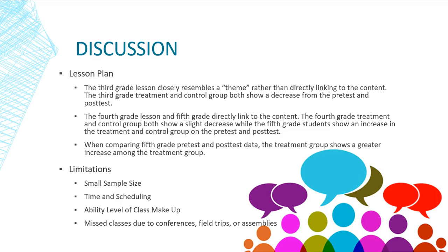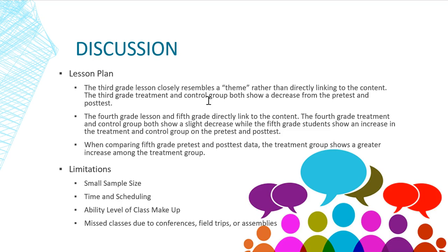I shared about the lesson plans. I found that the third grade lesson closely resembled a theme rather than linking directly to the content. So with the lesson plan in the third grade, they were designing a prototype of a turtle that lived in a Georgia habitat.